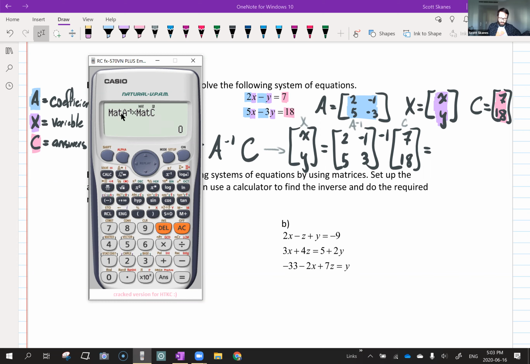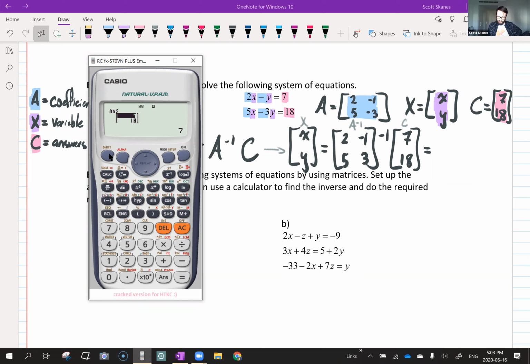So just check your work. Matrix A inverse multiplied by matrix C. Boom. Wait a second. That doesn't look right. So what I'm going to do is check my matrices and make sure that I put in the right numbers. 2, -1, 5, and 3. Okay. I'm going to double check my matrix C. 7 and 18.